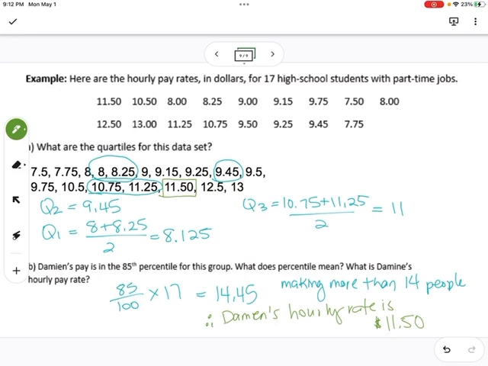So when you're given a certain percent, we can turn that into a decimal and multiply it by the number of numbers that there are, and that's going to give you a position for that percentile.